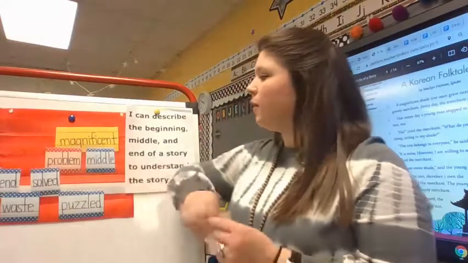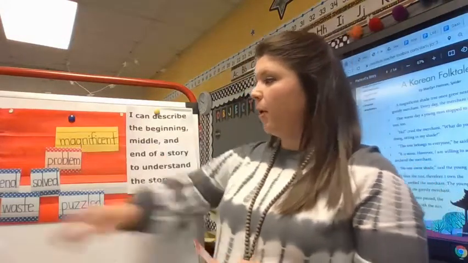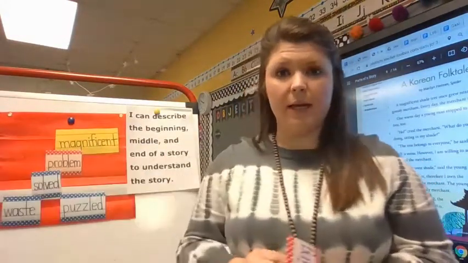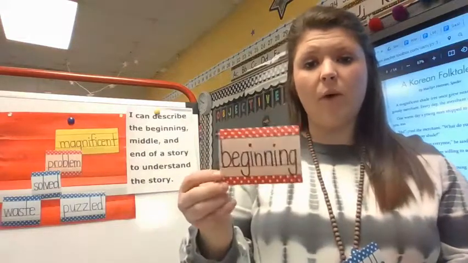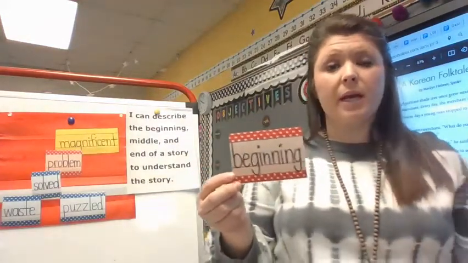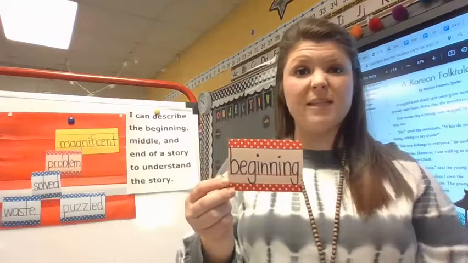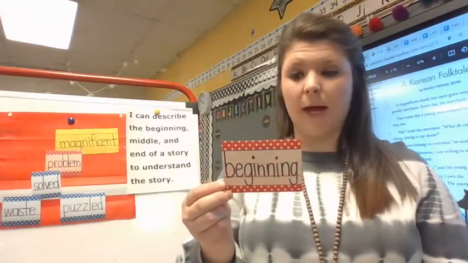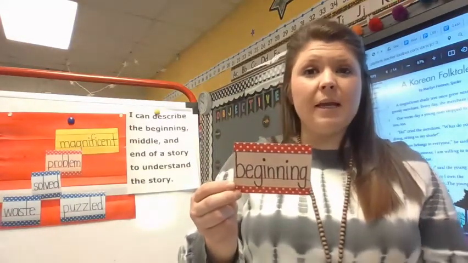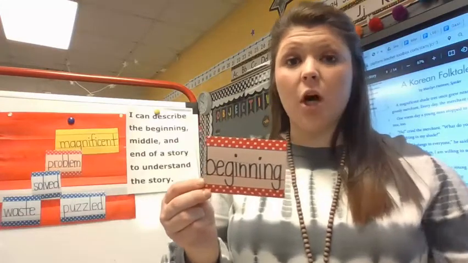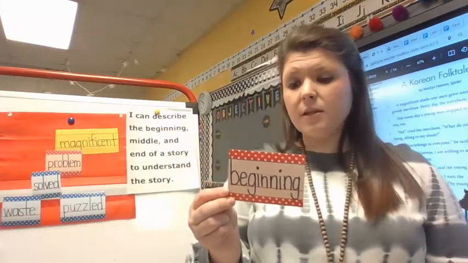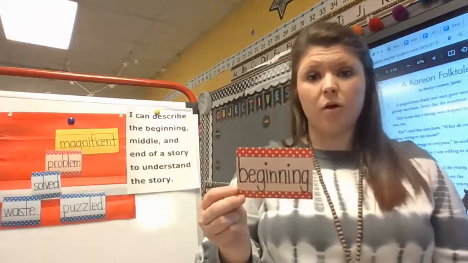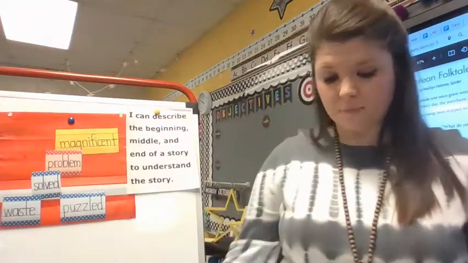So let's start by looking at these three parts: beginning, middle, and end, and talk a little bit more about what they are. You know that the beginning is the first part. It's the start of something, okay? In a story, the beginning includes the characters, and it introduces the problem in our stories, okay?